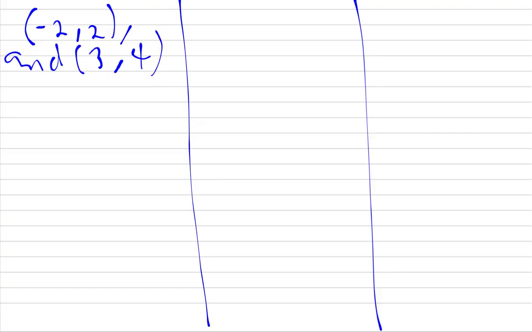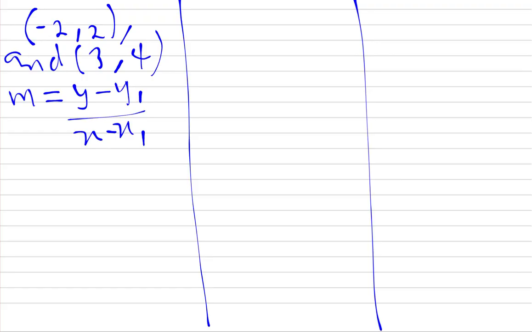Don't forget your formula is m equals to what? y minus y1 over x minus x1. Are you seeing that? But since we don't have our gradient, I'll now put it there.